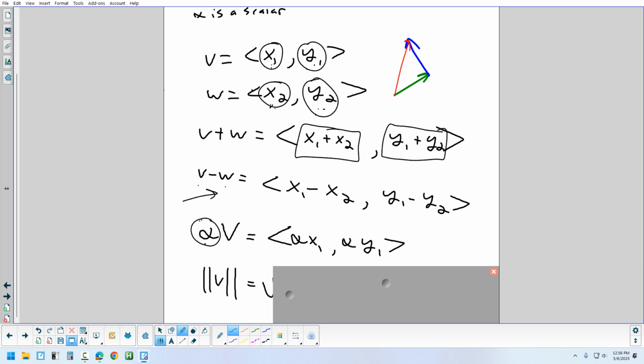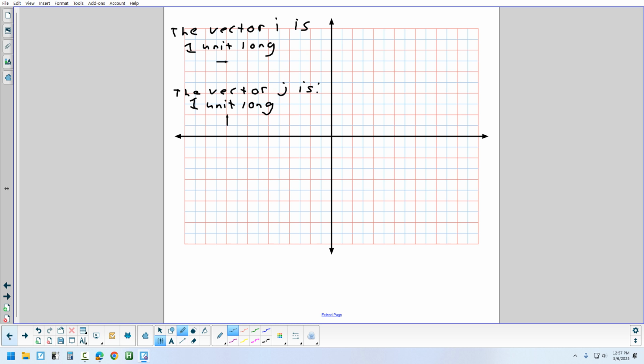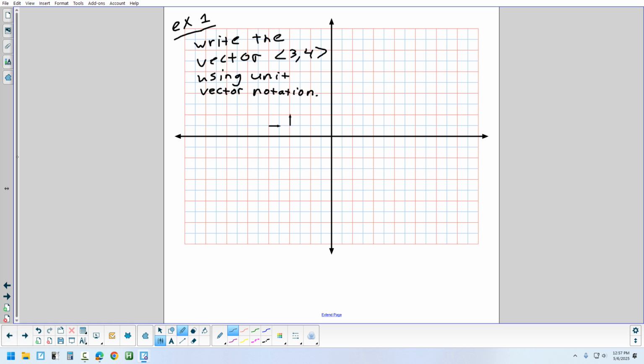And the last one is that symbol, which we talked about yesterday. What does the double bars around a vector mean? How big it is. And what do we call that? The magnitude. Yeah. Now it's not here anymore, but we had a sketch here yesterday. The vector 3, 4.